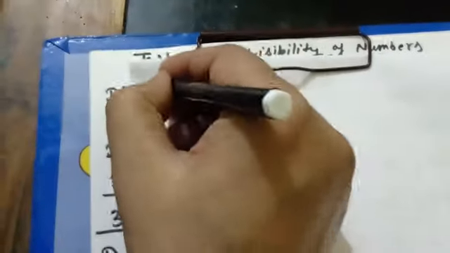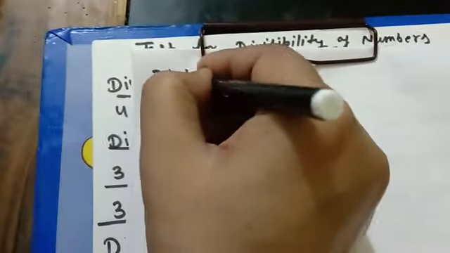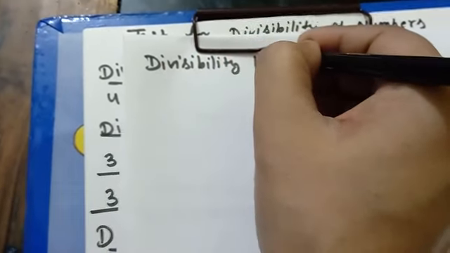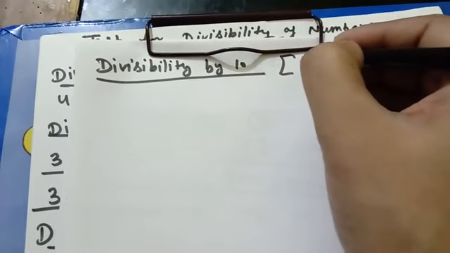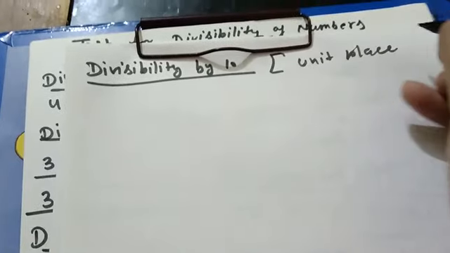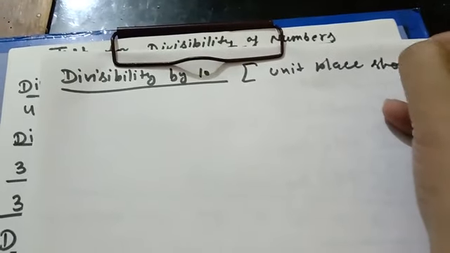Now divisibility by 10. The rule for divisibility by 10 is that the unit place should have 0.